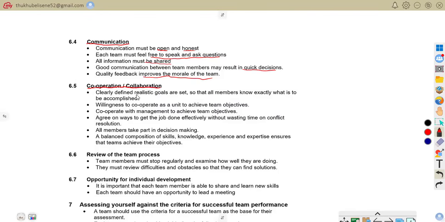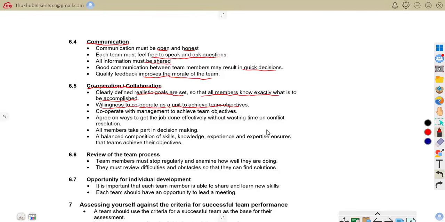Clearly defined, realistic goals are set so that all members know exactly what is to be accomplished. So the goals must be set so that all the team members know what they are to accomplish. That is very important.